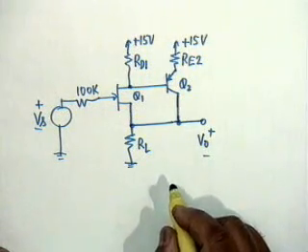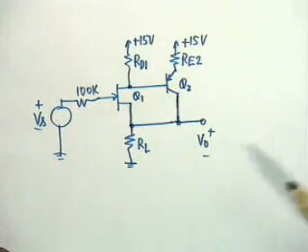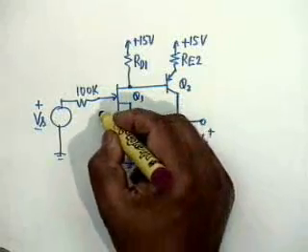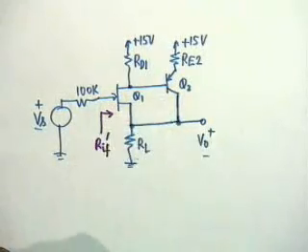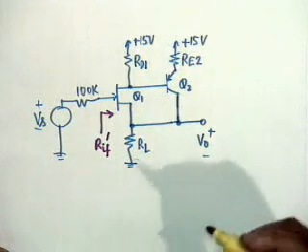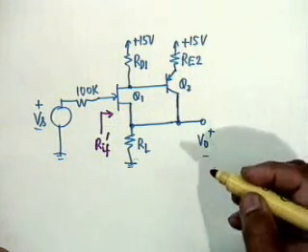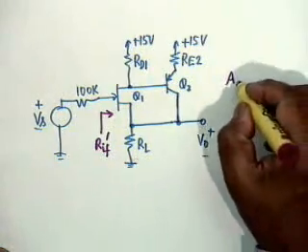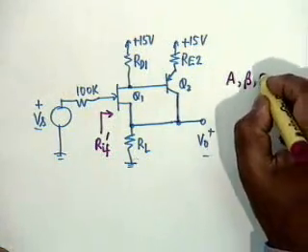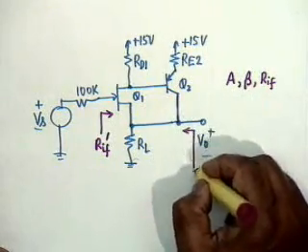This is the circuit. It's a somewhat unconventional circuit. What you have to find out is the input impedance here, call this RIF prime. You have to find out A, beta, RIF, and ROF.